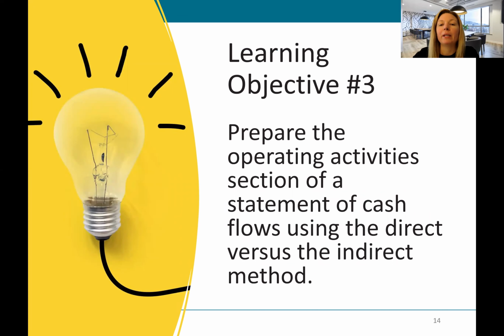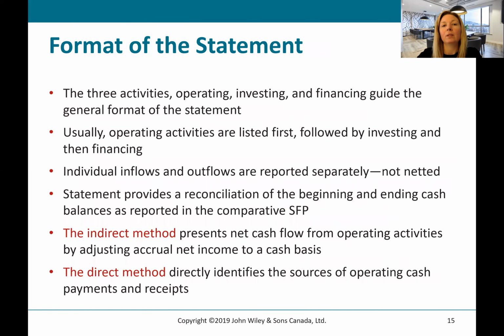Learning objective number 3, prepare the operating activities section of a statement of cash flows using the direct versus the indirect method. Like we've said multiple times, there's 3 activities on a cash flow statement: operating, investing, and financing. And these guide the general format of our statement.